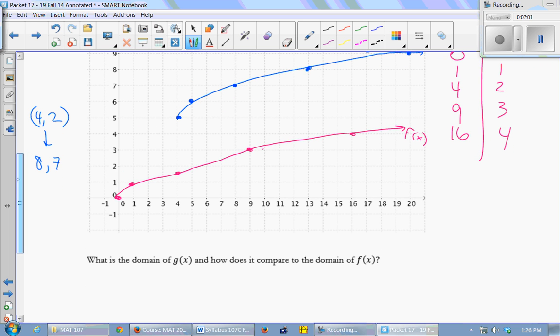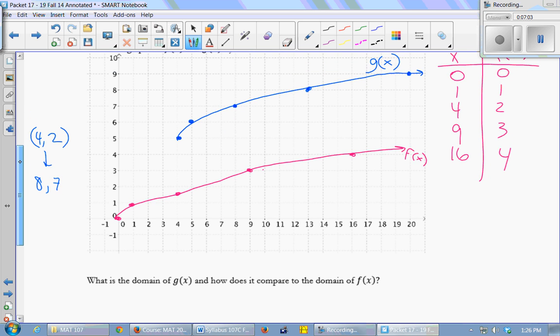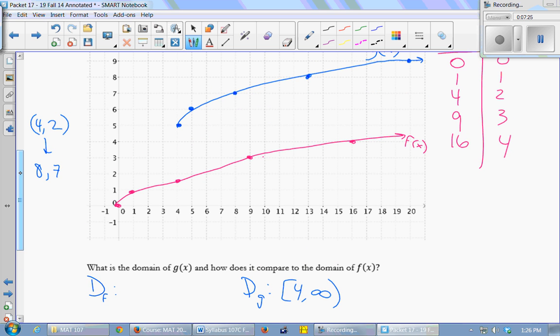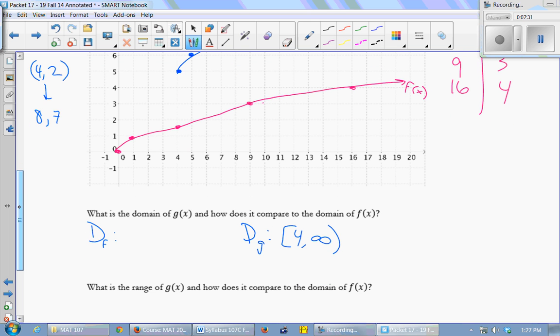What's the domain of the function g? What x values does it live on? Four to infinity. So the domain of g, 4 to infinity. And what's the domain of f? Zero to infinity.